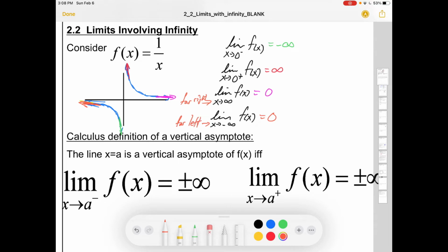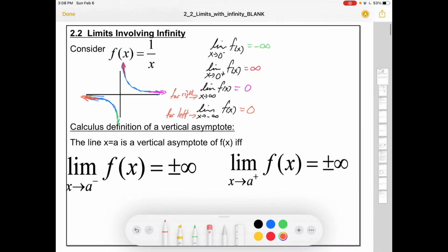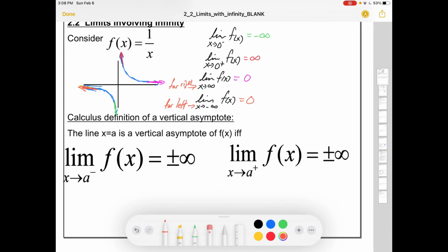We're going to deal with the first two kinds first, though. And it's going to give us a calculus definition of a vertical asymptote. Okay? The line x equals a is a vertical asymptote if, that if with two f's means if and only if, the limit from the left is positive or negative infinity, or the limit from the right is positive or negative infinity.